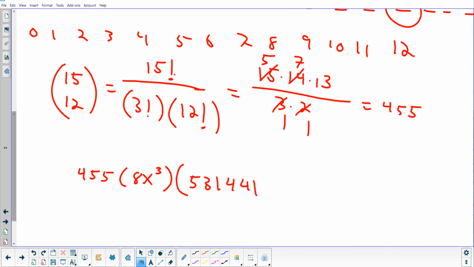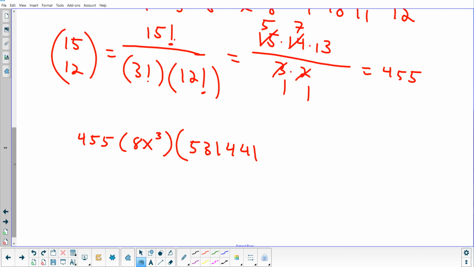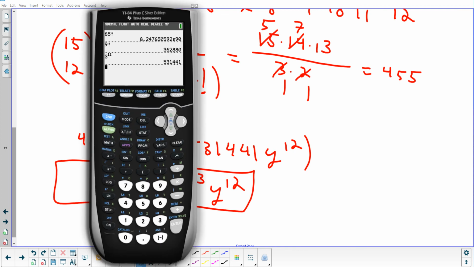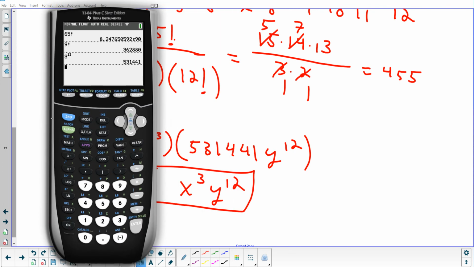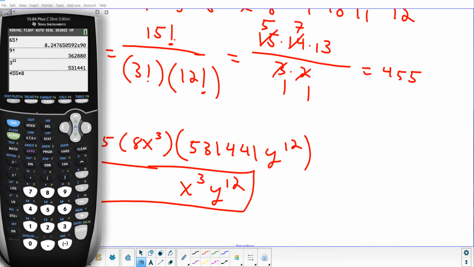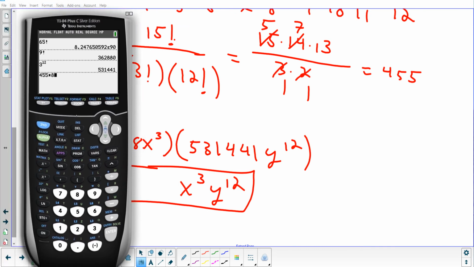And what's going to be my y power? Y to the 12th. Okay. So when we write the final answer, we usually want the variables next to each other: x cubed, y to the 12th. And in front of that, we need our coefficient, which is 455 times 8 times 531,441.